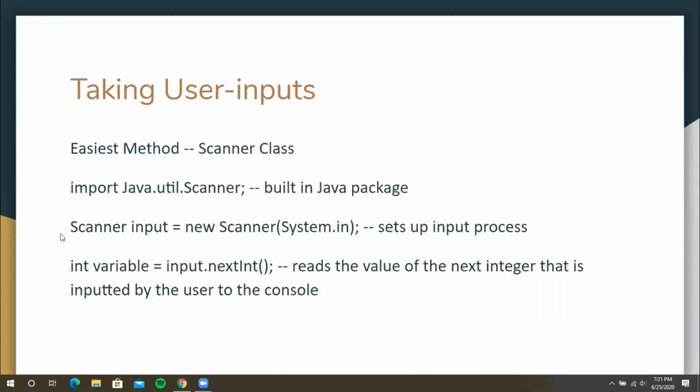You do not really need to understand how the scanner class works as of now. It's very similar to how you create any other variable. However, just copying this segment of code allows us to set up the input process, and setting up the input process is really what's important about this line of code. So after you write these 2 lines of code, and you would always write these 2 lines whenever using the scanner class.